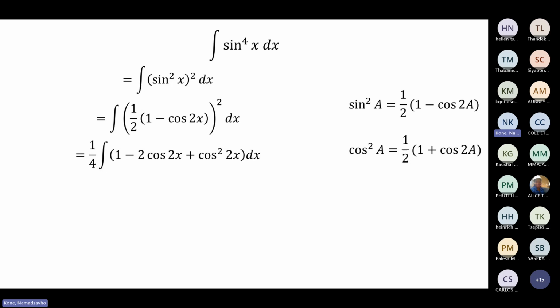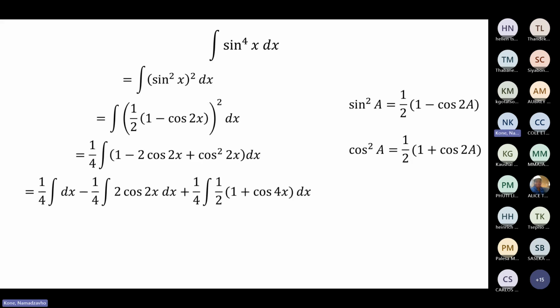The identity on the right-hand side will assist us in that regard. So in place of cos squared, we replace it with what is on the right-hand side. And when we do that, we eventually have our integrals.